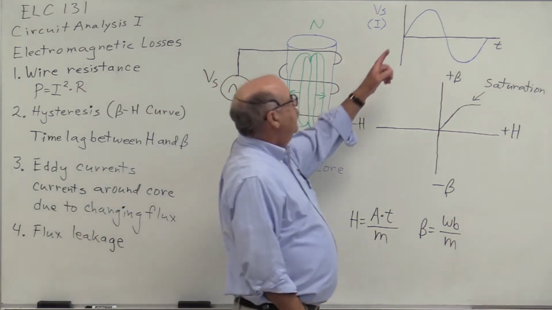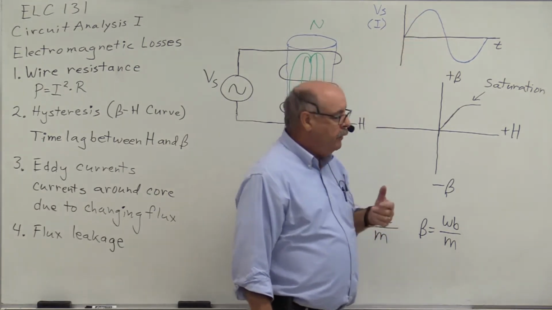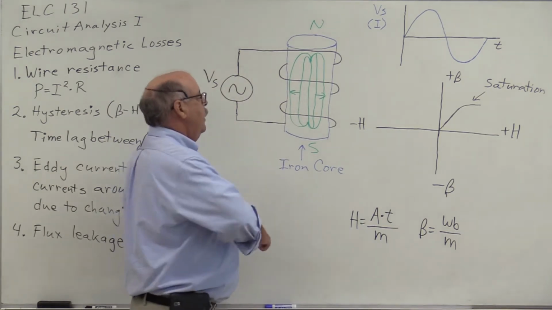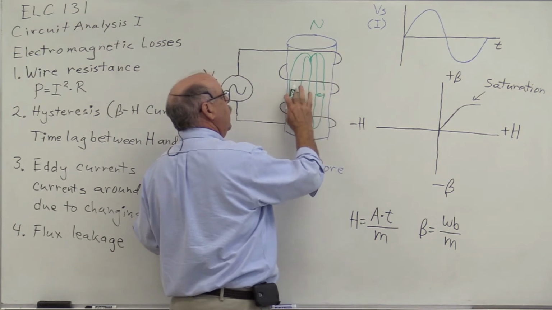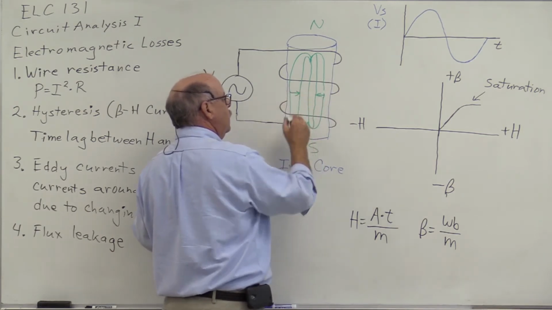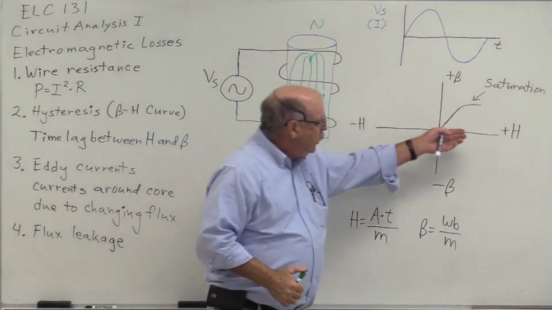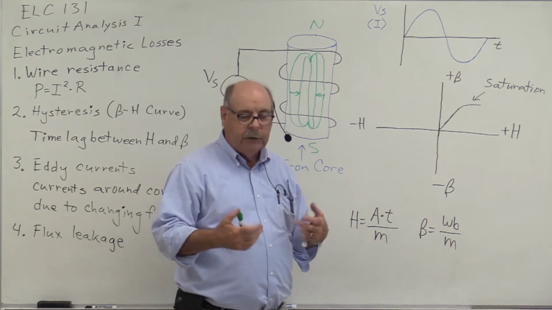Now, from the peak point back towards zero, understand that the current is going to get smaller and the magnetic field is going to collapse, or get smaller. So as current goes back towards zero, the magnetic flux will get smaller.